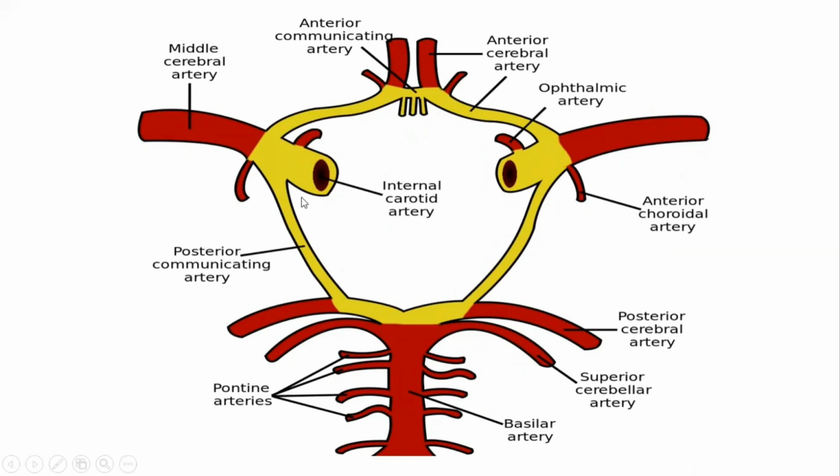As I said, it is made up of internal carotid arteries, the branches of basilar arteries, posterior communicating arteries, anterior communicating artery, and the anterior cerebral artery, and yeah, these are the major arteries that form the circle of Willis.